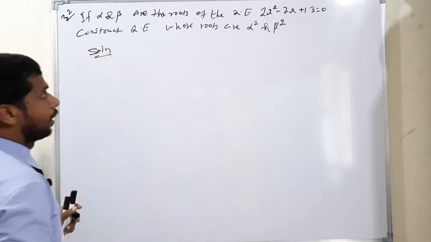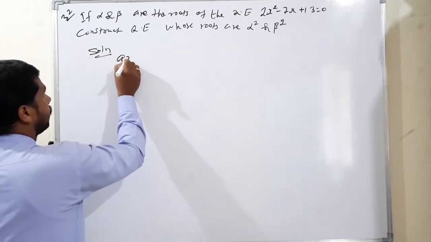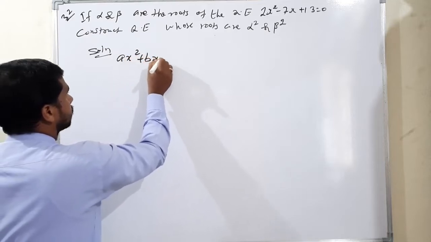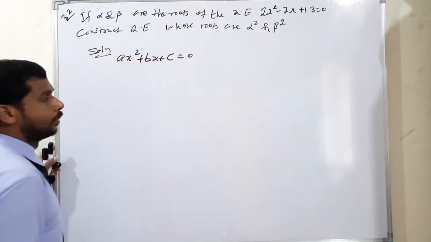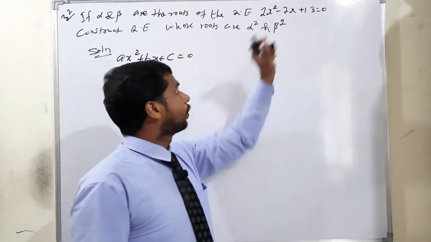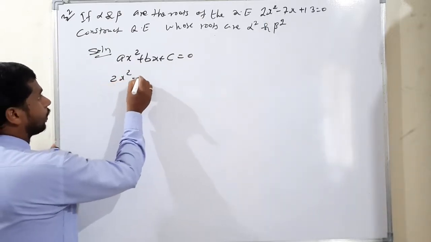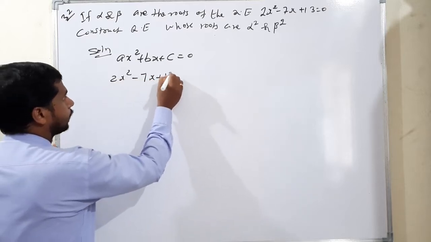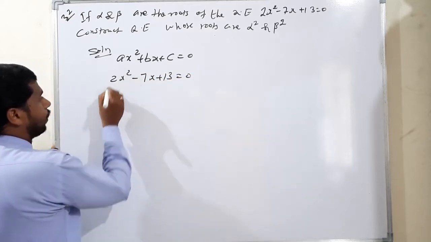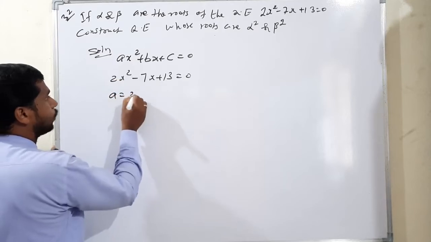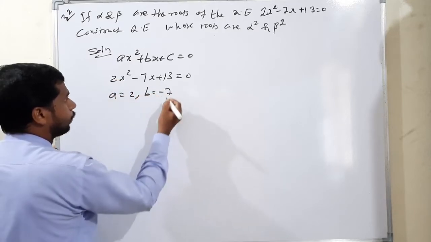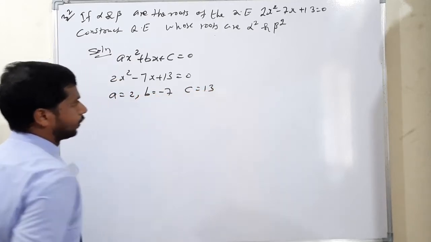Solution. The first line, the basic quadratic form, ax square plus bx plus c is equal to 0. The given quadratic equation, 2x square minus 7x plus 13 is equal to 0. Therefore, equating, a is equal to 2, b is equal to minus 7, c is equal to 13.